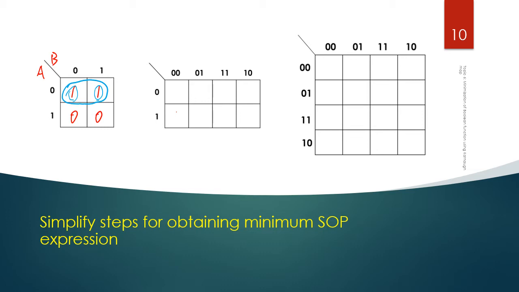Similarly, for the 3 variable system, say we have a truth table like that. If we check this square first, it has 2 labels whose value is 1. We also found that these 2 squares are labels, these 2 squares are labels, these 2 are labels, and this is also the label of the first one.